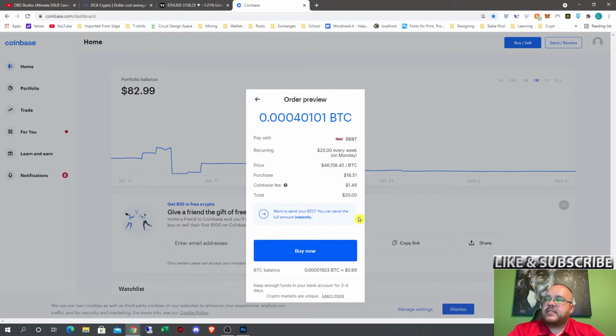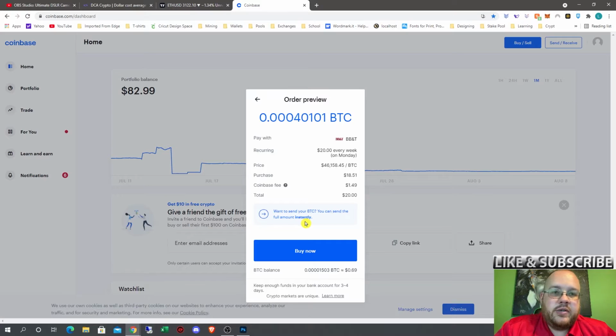Now it says I can send my full amount instantly if I want to send it somewhere else, but you've got to be fully KYC'd, I think, and your account may have to be so old or something. I don't know. I've had that account for years, and I think I can send maybe $1,000 instantly when I buy it, and I don't have to wait 4 or 5 days. But you would just have to go into your settings and see your limits to see if you can send it instantly.